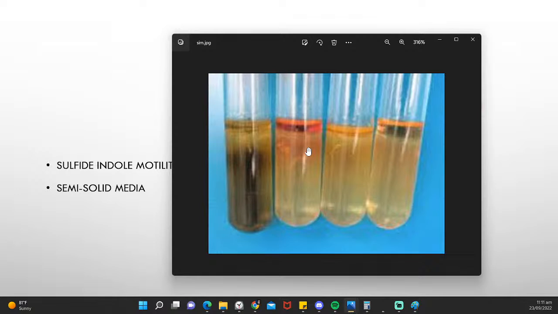Pwede nyo gamitin yung acronym. Hindi ko kayo pahihirapan. Acronym siya. James, sige na. Go. Sir, di ko sure, pero hydrochloric acid po, tapos p-dimethyl aminobenzaldehyde.